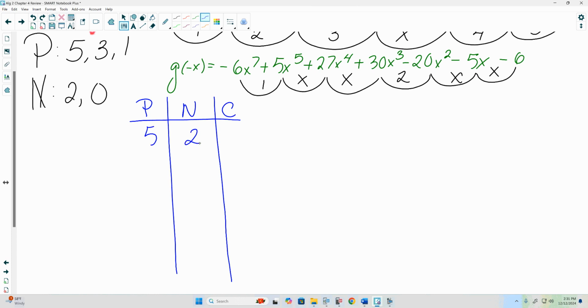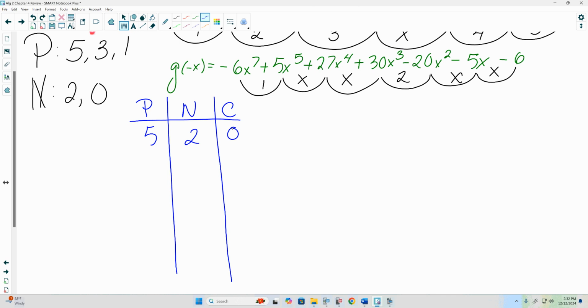Now, I always start with the maximum number of each, 5 positive, 2 negative. Now, what's the degree for this here? 7. So how many solutions should we have? 7. If I have 5 positive and 2 negative, do I have all 7? Yes. So the number of complex that we're going to have is 0, because the number of complex is always what's left over.